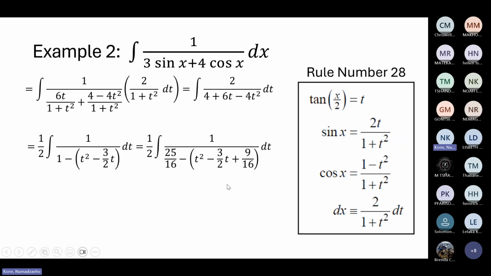Can you just verify if this is correct for me, please? Can you check if indeed it will be rule number 28, which has got an a squared minus f of x in brackets squared like that. Is it rule number 28? A squared minus f of x squared.